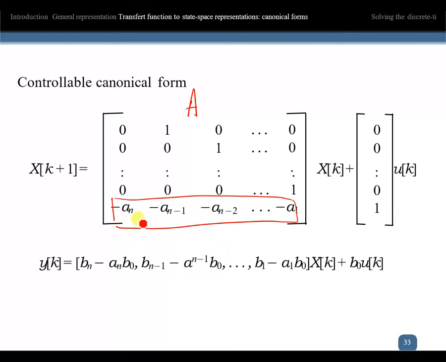That means this one is the denominator of the signals. The output will start with bn minus an b0, bn-1 minus an-1 b0, etc., and the b0 is multiplied by the input. This system is called a controllable canonical form.